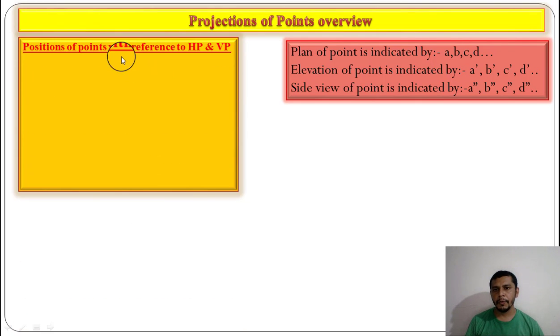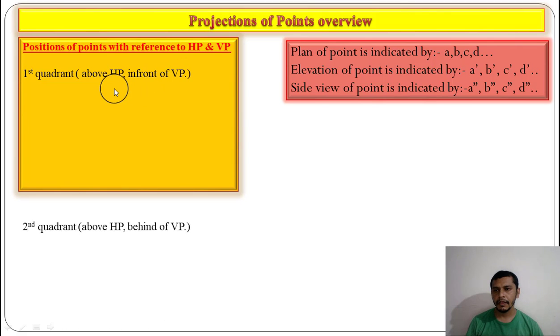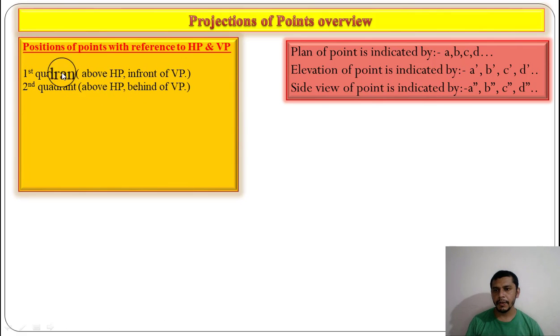Now the position of the point with reference to HP and VP. The first position is the point in the first quadrant: it is above HP and in front of VP. Second quadrant: the point is above HP and behind VP.